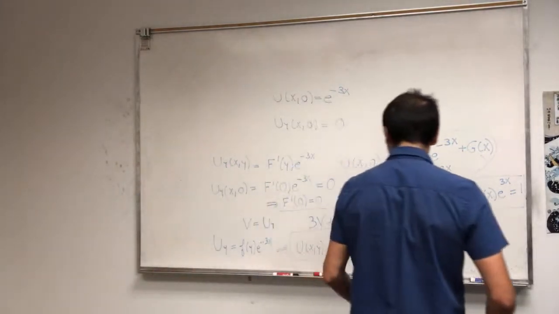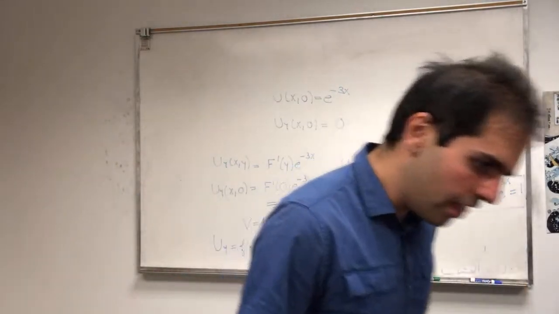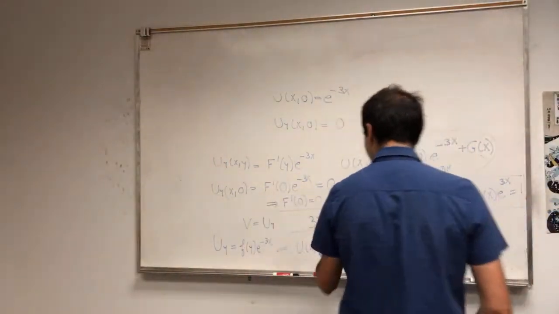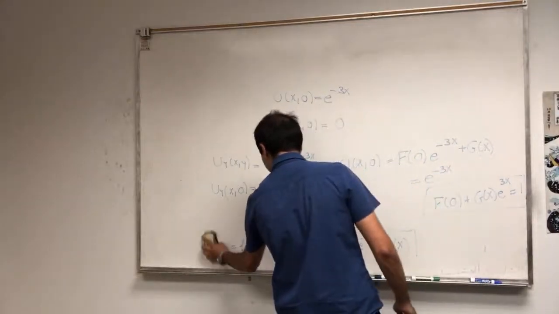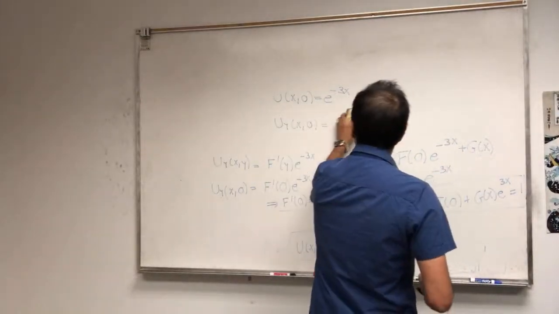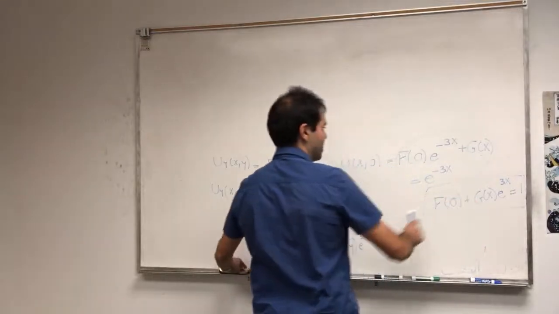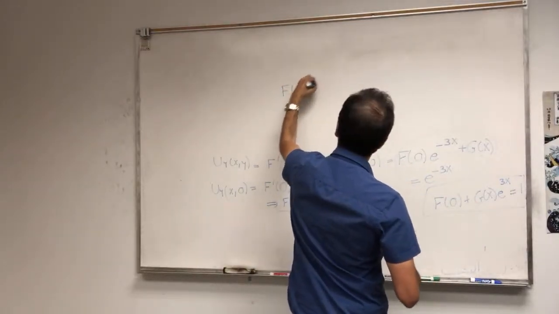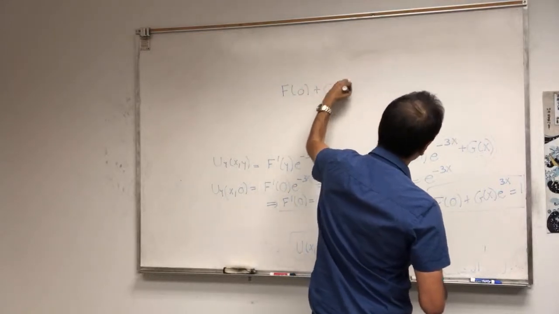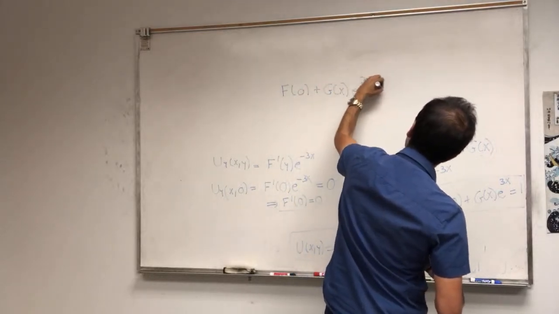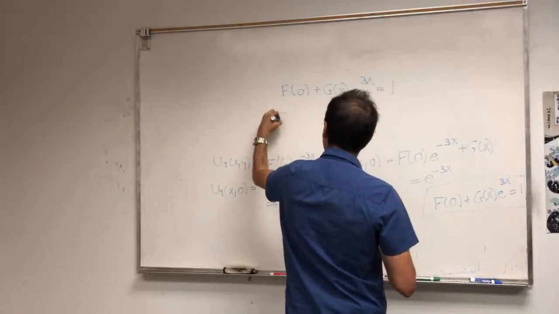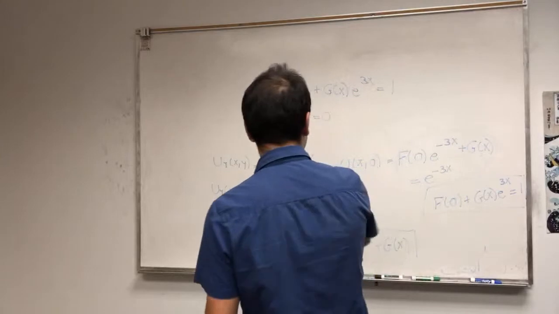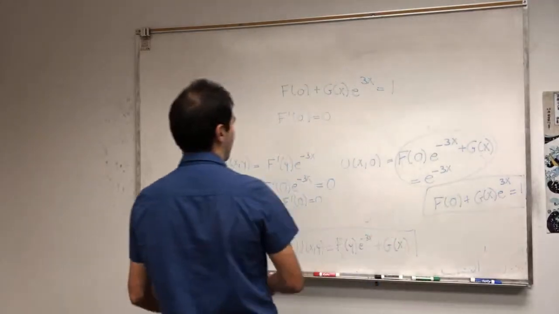So essentially, I think there does exist a solution, but I'm guessing it's not unique. Because whenever you have a function that satisfies this equation, namely f(0) + g(x)e^(3x) = 1, with the condition that f'(0) = 0, then any function of this form solves it.